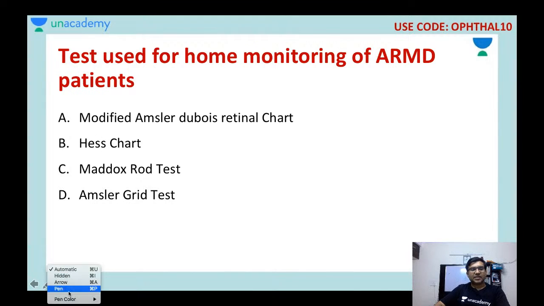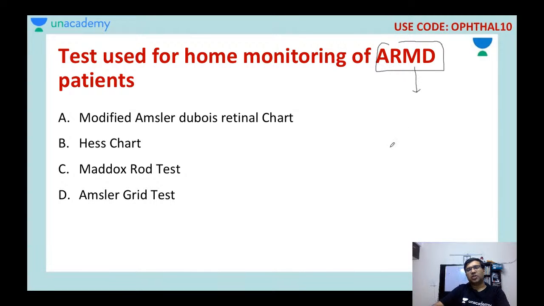What happens in ARMD is that the patient has macular degeneration, and as I told you earlier, the macula is responsible for central vision. So the patient may have difficulty seeing near objects and difficulty understanding the shape of objects. This is called metamorphopsia.